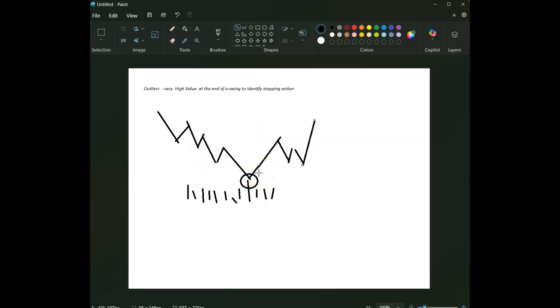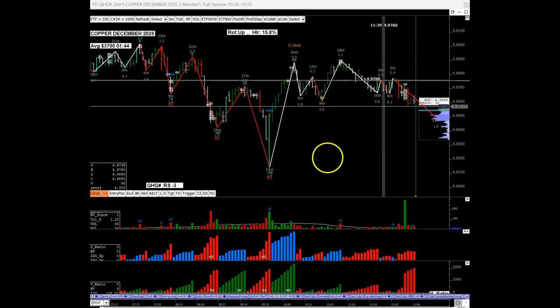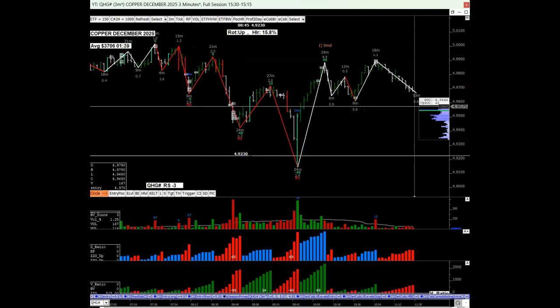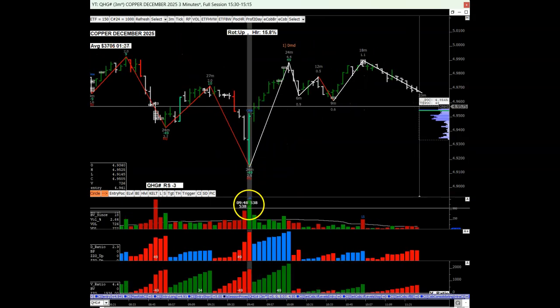All right, now you have to combine this. You can't just use it willy-nilly. You have to use it at levels. It can't just be used arbitrarily. All right, so now let's take a look at examples today. Nothing cherry-picked. All right, so this is an example. And basically the high volume.